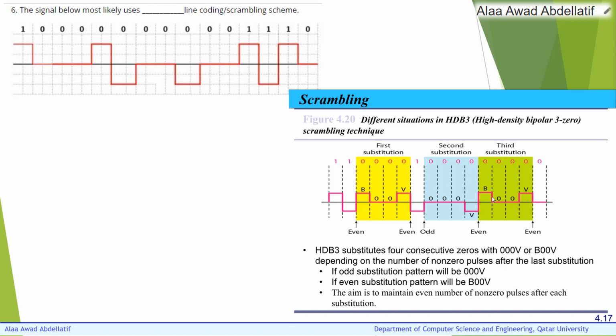It means it's HDB3. B8ZS had a different code, 000VB0VB, a different code. So if you check the code you can identify the zeros, the V and the B. There will be two different codes for each four consecutive zeros. That's HDB3. Okay, clear. Any question?